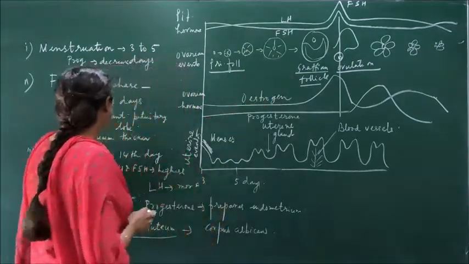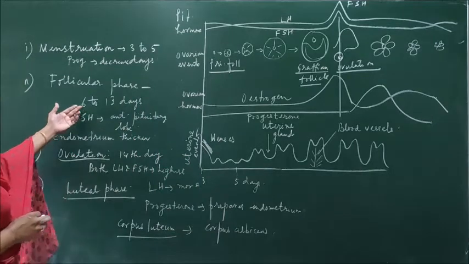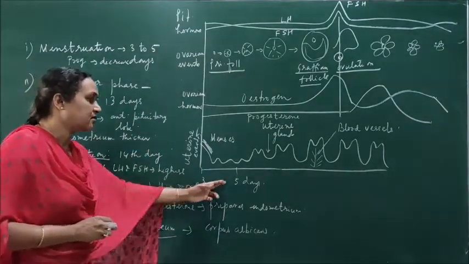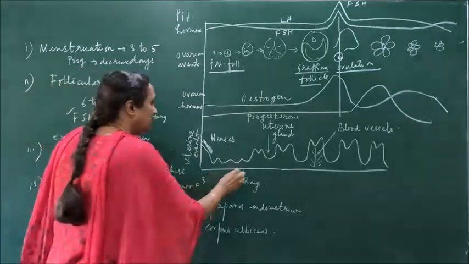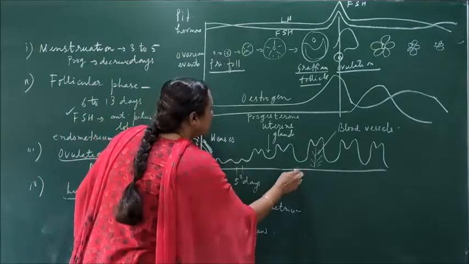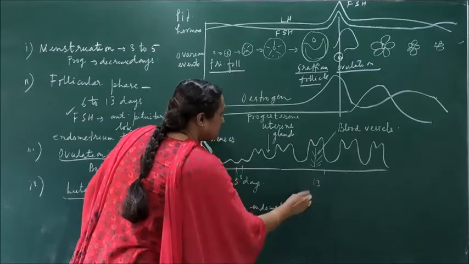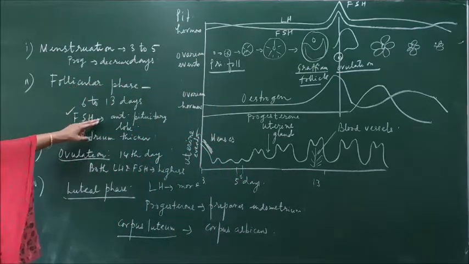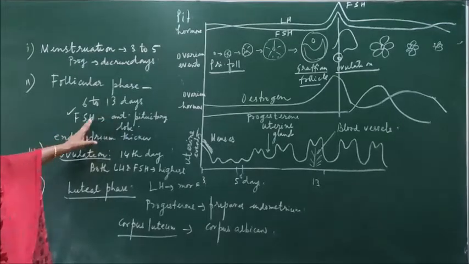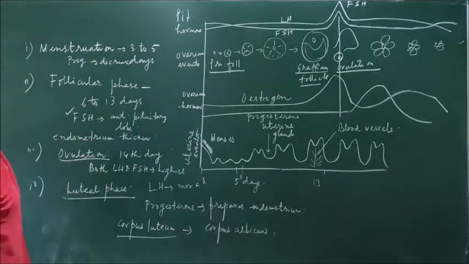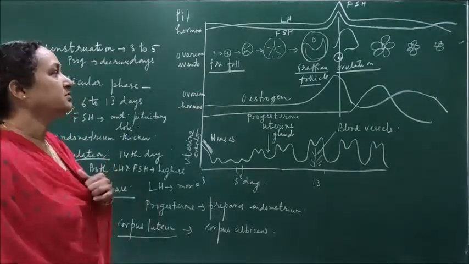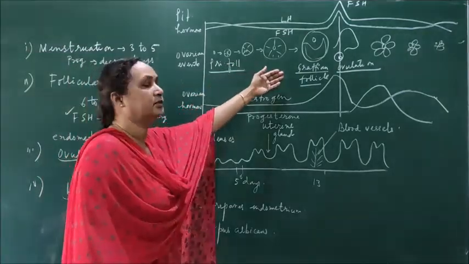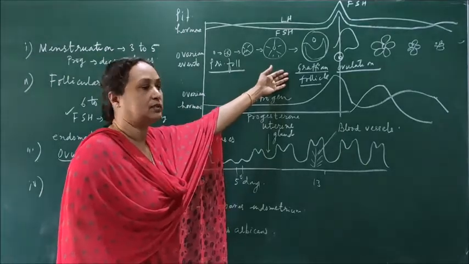So the event that is taking place between 6 to 13 days, because the first period is 3 to 5 days, then from the 6 to 13 days the follicle is developing, and the phase is called follicular phase. Here the anterior pituitary lobe is releasing the hormone called follicle stimulating hormone, and the follicle stimulating hormone is helping in the growth of primary follicle into the mature follicle or the Graafian follicle.